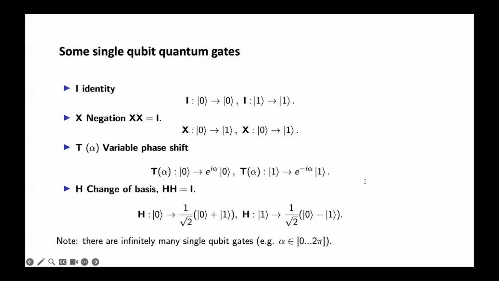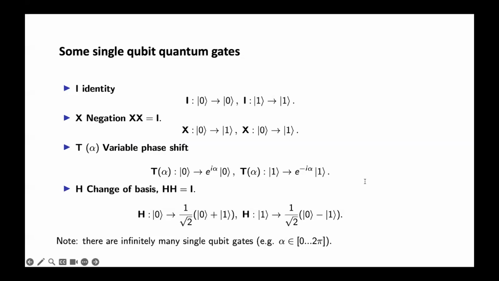What is interesting here is that since alpha is a real number, this notation defines an infinite number of quantum gates, really, by this single one. Another, of course, you can consider a combination of this.